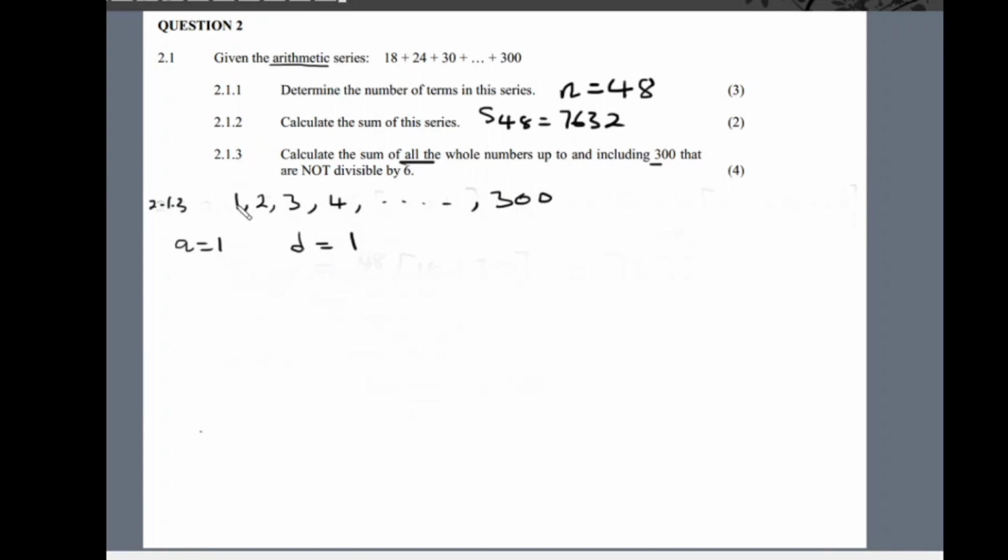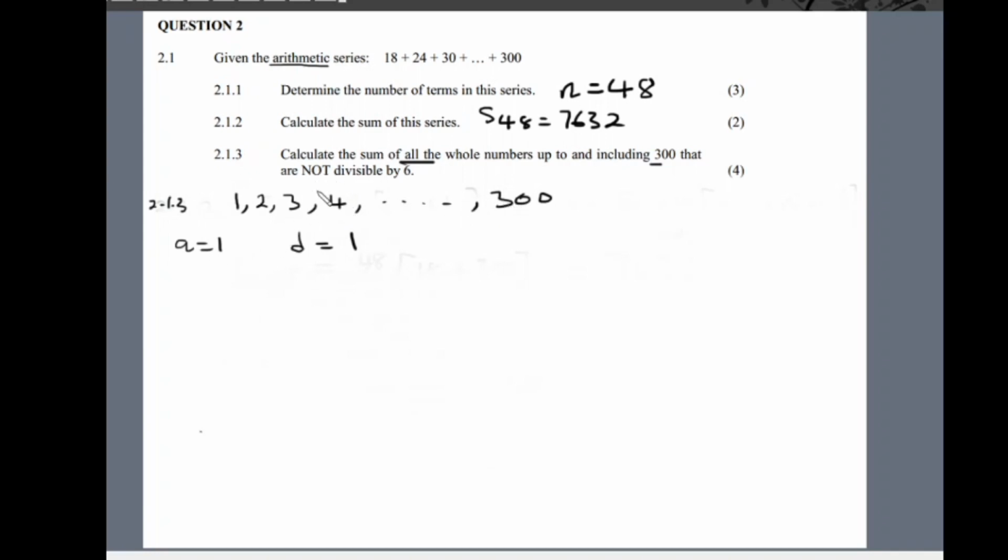So if you calculate the sum of this series, if you add all the terms in this sequence, you will have the sum of all the whole numbers up to and including 300. In that sum you will also be including those that are divisible by 6, right?